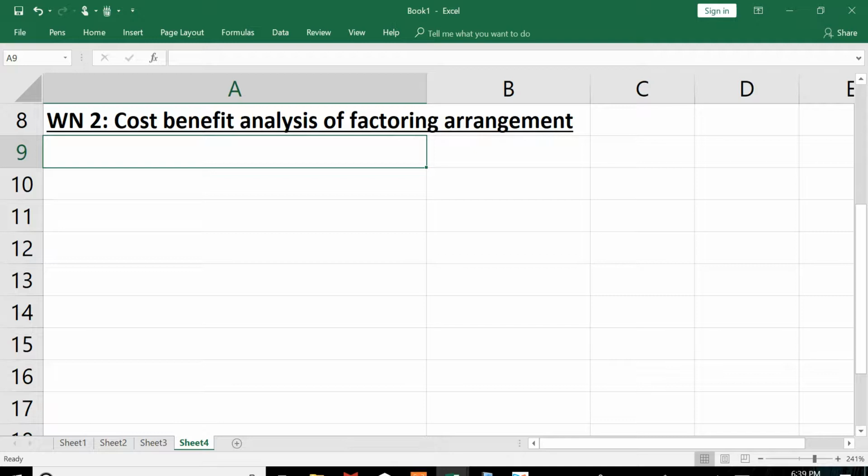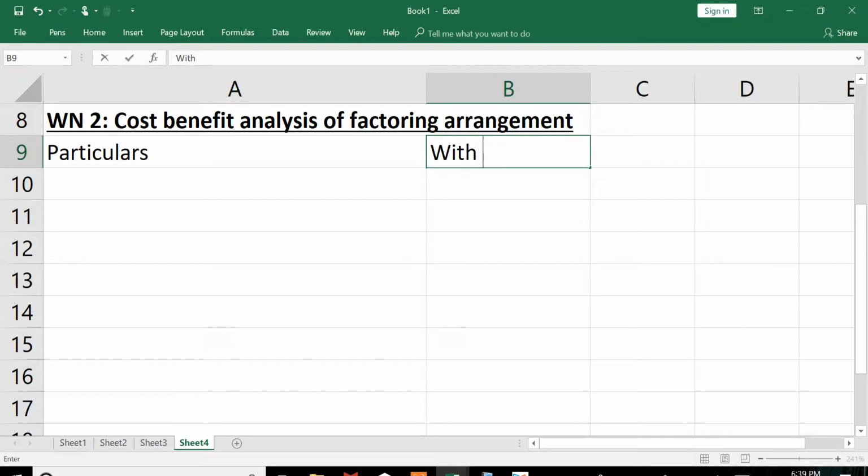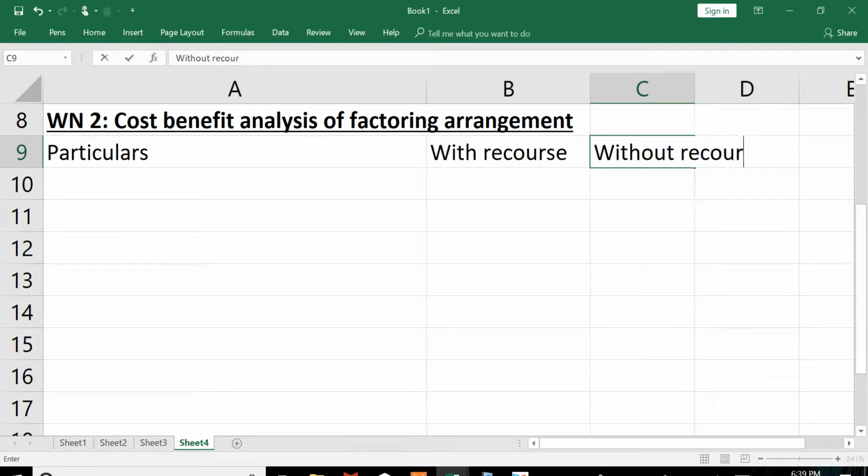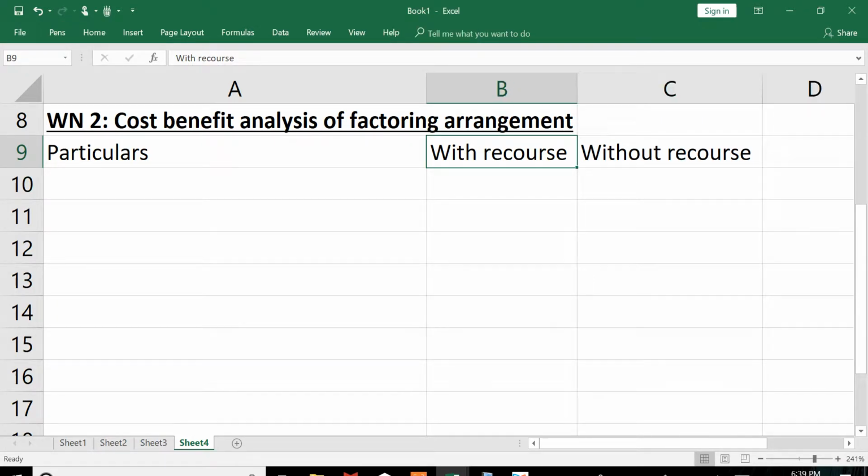You will have particulars with recourse, without recourse. Both options are there. I am going to evaluate both and then decide what is to be done. Either it's a with recourse factoring or a without recourse factoring.